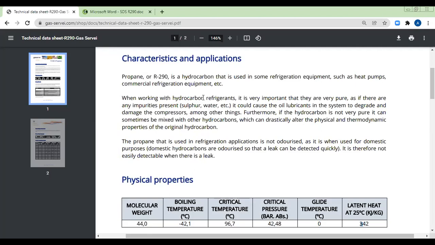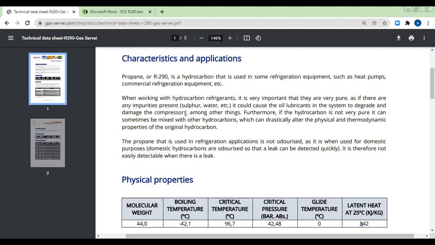When working with hydrocarbon refrigerants, it is very important that they are very pure. Purity should be over 99%. If there are any impurities present, such as sulfur or water, they could cause the oil lubricants in the system to degrade and damage the compressors.